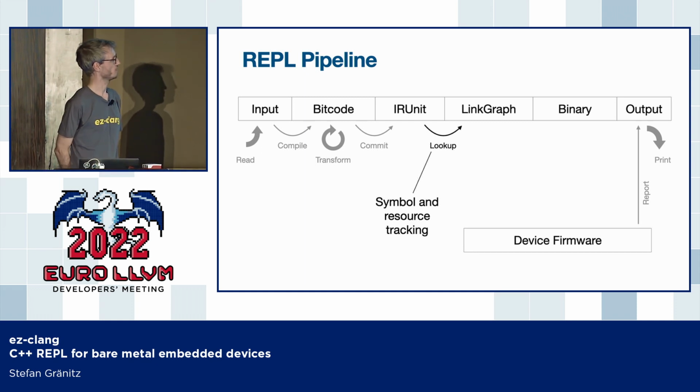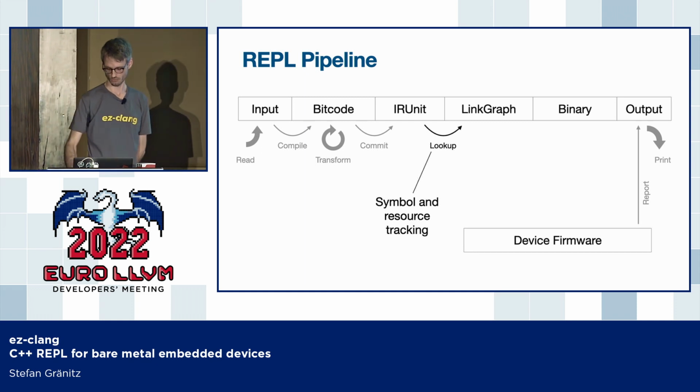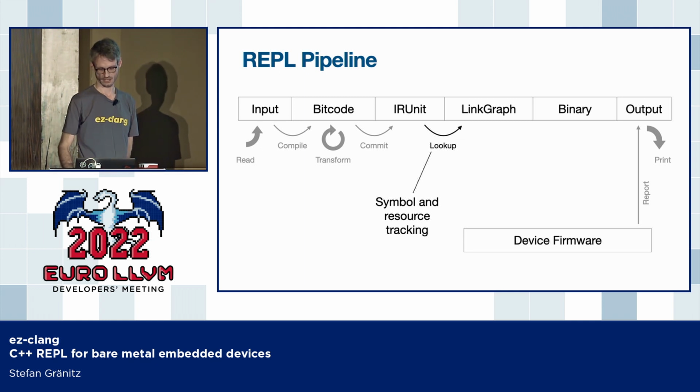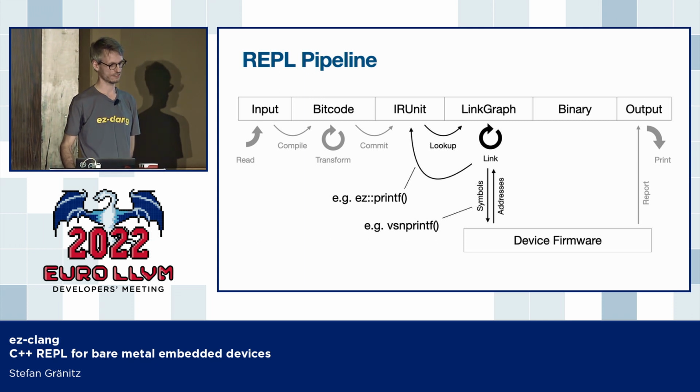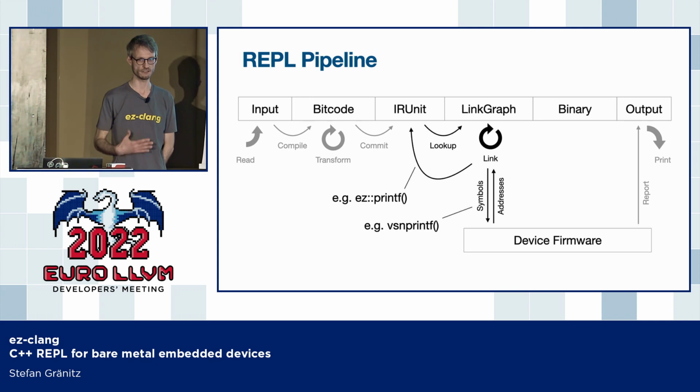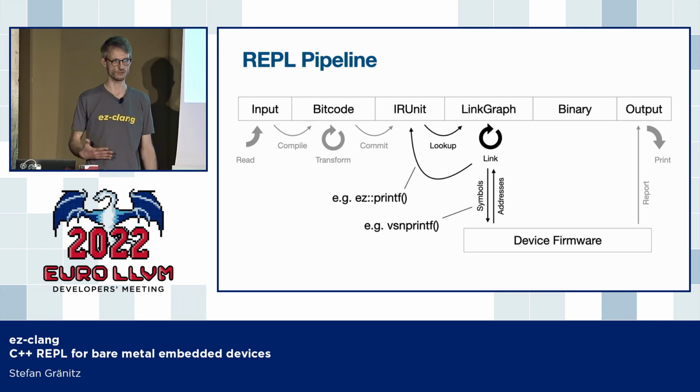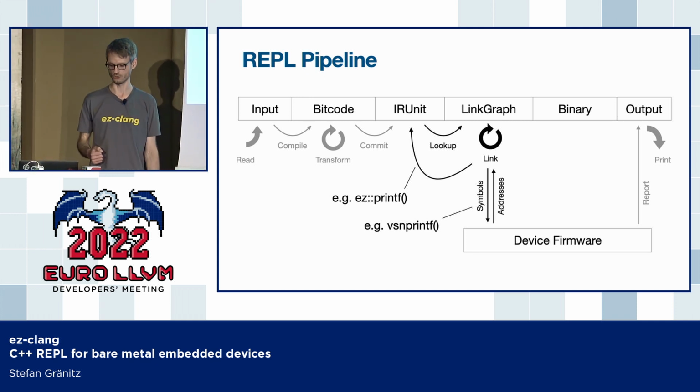We can just issue a lookup and we'll figure out what code needs to be compiled. It will create an object file, and JITLink will build a link graph from that and go through a number of link phases, including dead code stripping and symbol resolution.